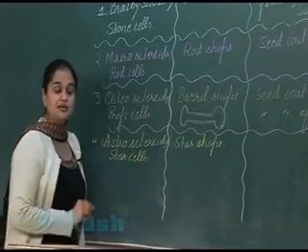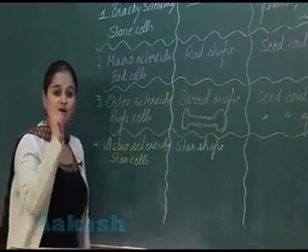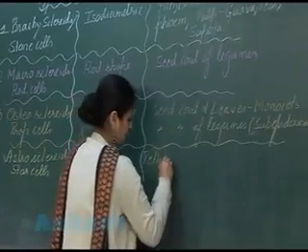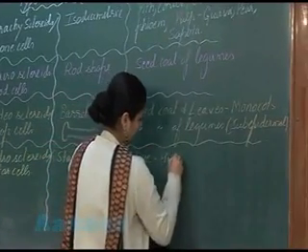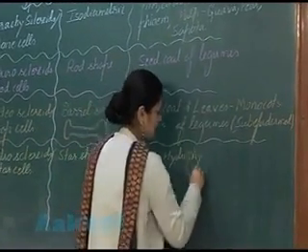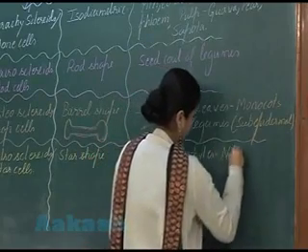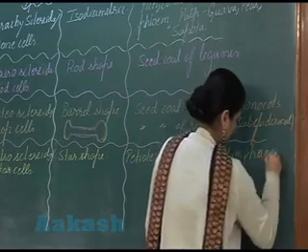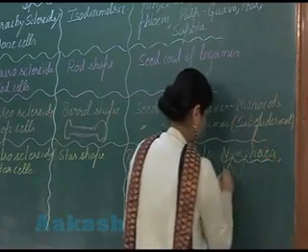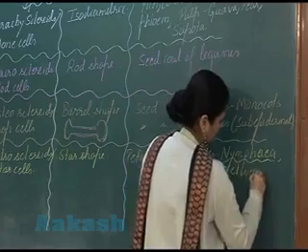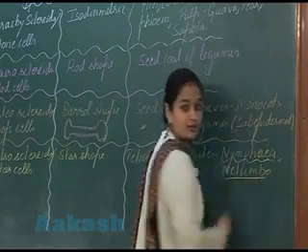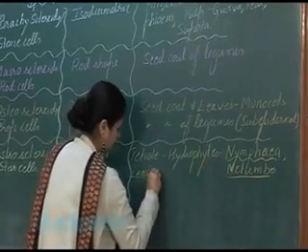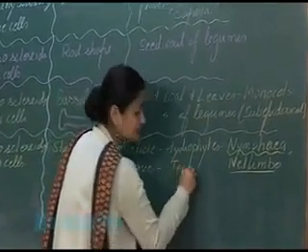Star cells are present in the petiole of hydrophytes. I will cite a few examples here, like Nymphaea, and another one is lotus, the scientific name is Nelumbo. Along with that, in the leaves of Thea, that is tea.